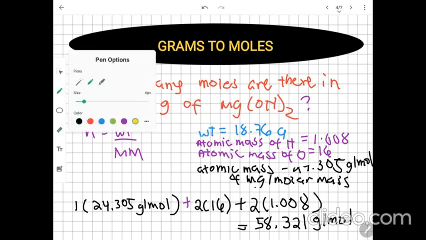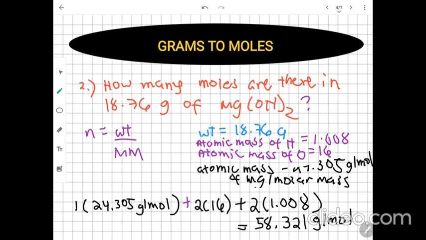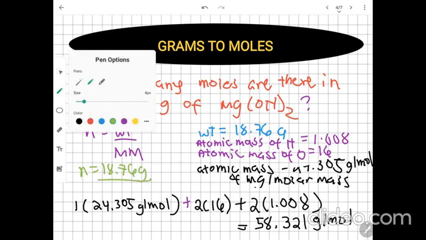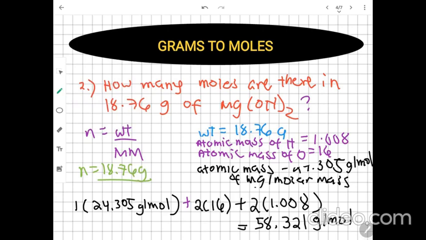Let's use green. Your N is equal to your weight, 18.76 grams, over your molar mass, which is 58.321 grams per mole. With this, we can cancel the grams.